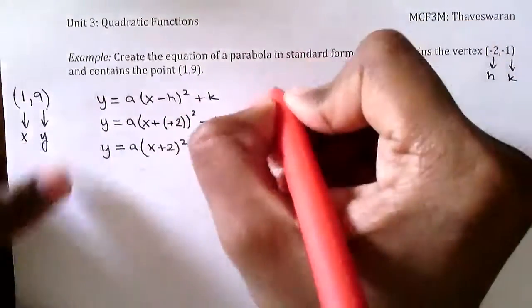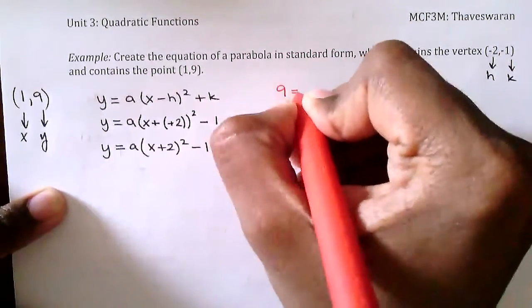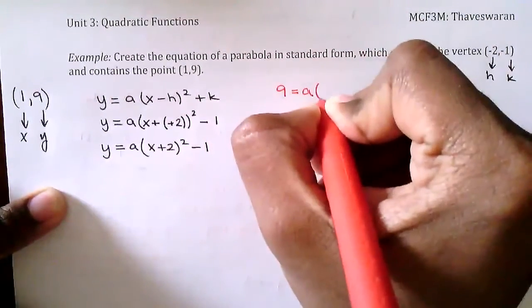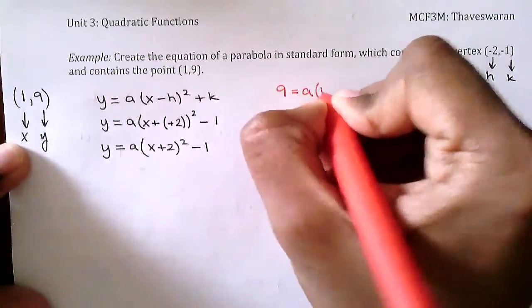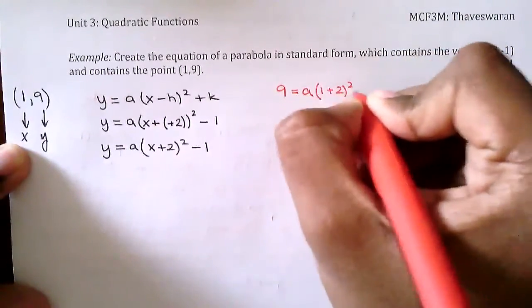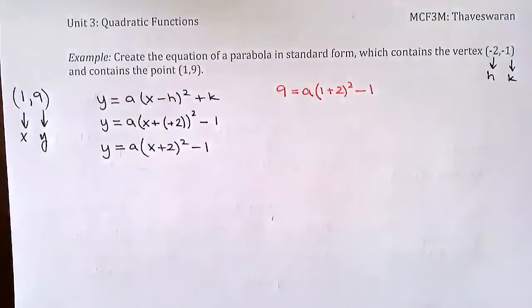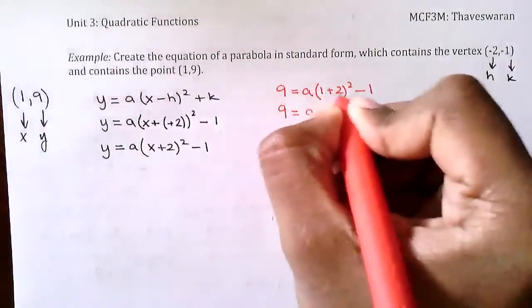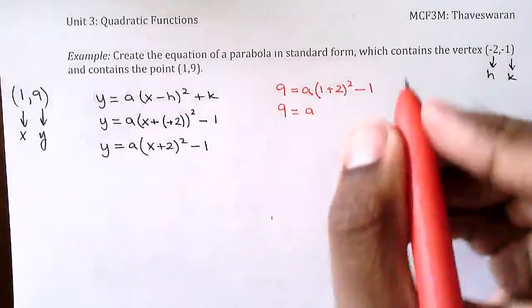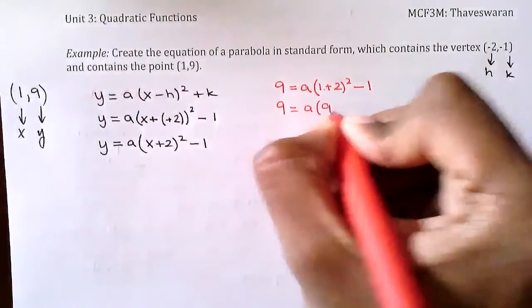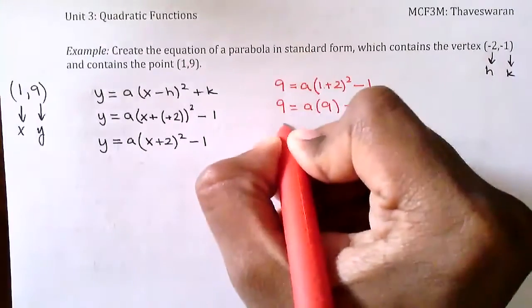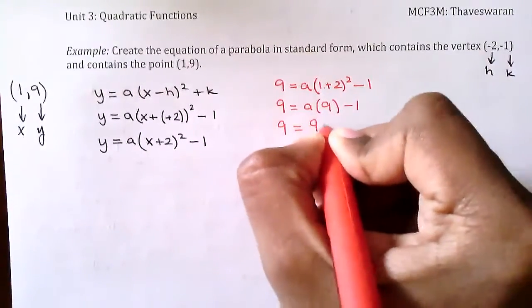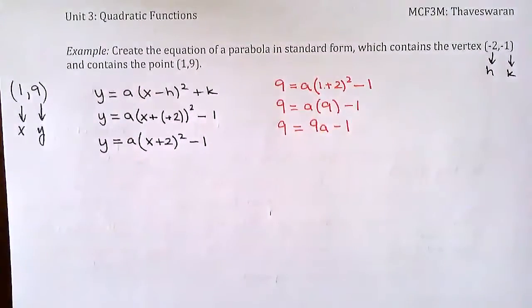So now I can plug these in. So y is 9, so 9 is equal to a. X is 1, 1 plus 2 squared minus 1. I can simplify this. 1 plus 2 is 3. 3 squared is 9 minus 1. So I have 9 is equal to 9a minus 1.